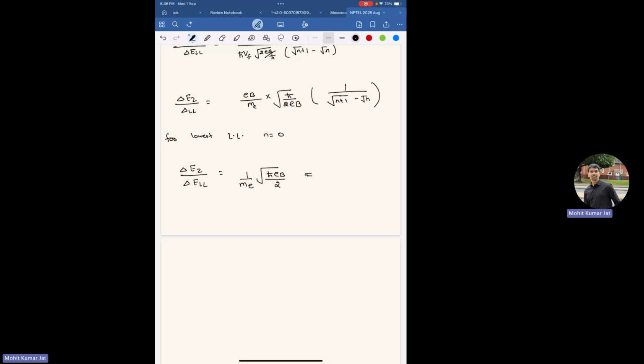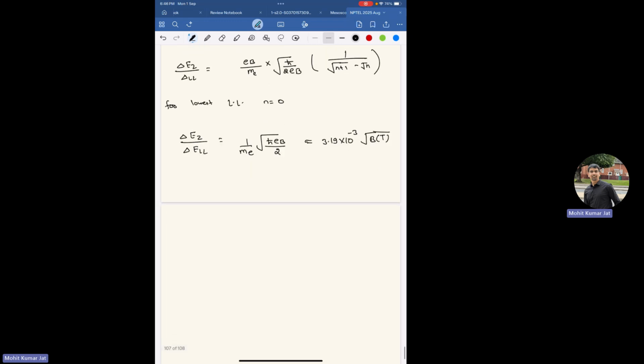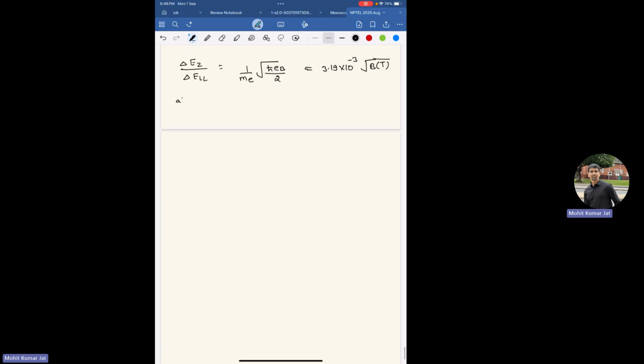If you compute the values, it will be roughly 3.19 times 10 to the power minus 3 times square root of B, where B is in units of Tesla. So at B equal to 1 Tesla, or 10 Tesla even, your ΔE_Z is just roughly 1%. And so Zeeman splitting is typically much smaller than the Landau level spacing.